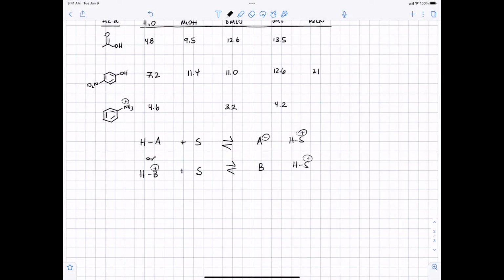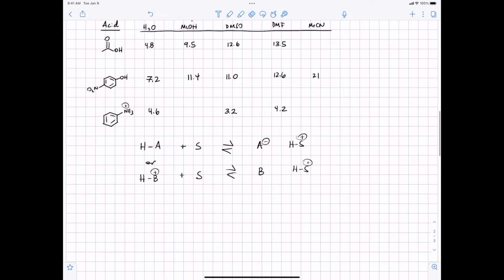So, for example, the reaction in water would give you hydronium as the conjugate acid of the solvent, or the reaction in methanol would give you protonated methanol as the conjugate acid, or if it were DMSO, would give you protonated DMSO as the conjugate acid of the solvent.